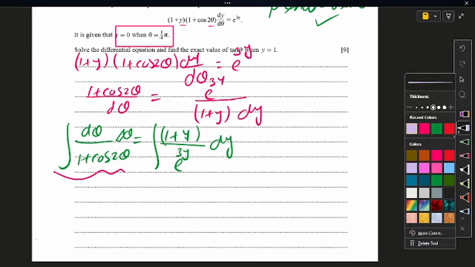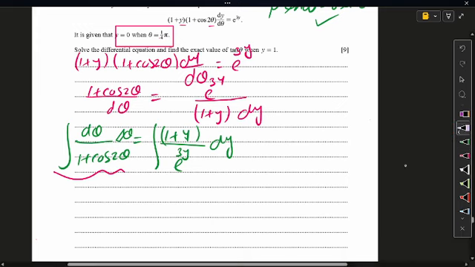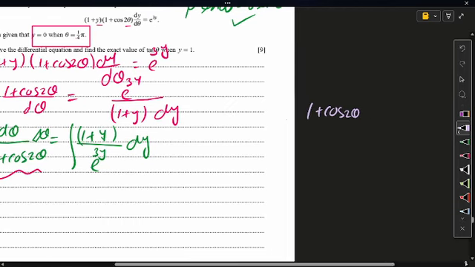So for example, I am choosing my formula for 1 plus cos 2 theta, and I want to open cos 2 theta in a way that makes my simplification easy. I have one formula of cos 2 theta, that is 2 cos square theta minus 1.